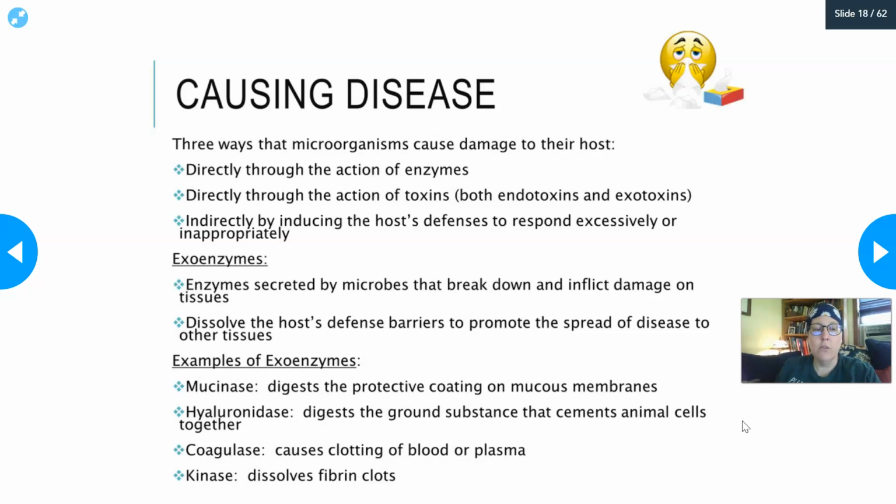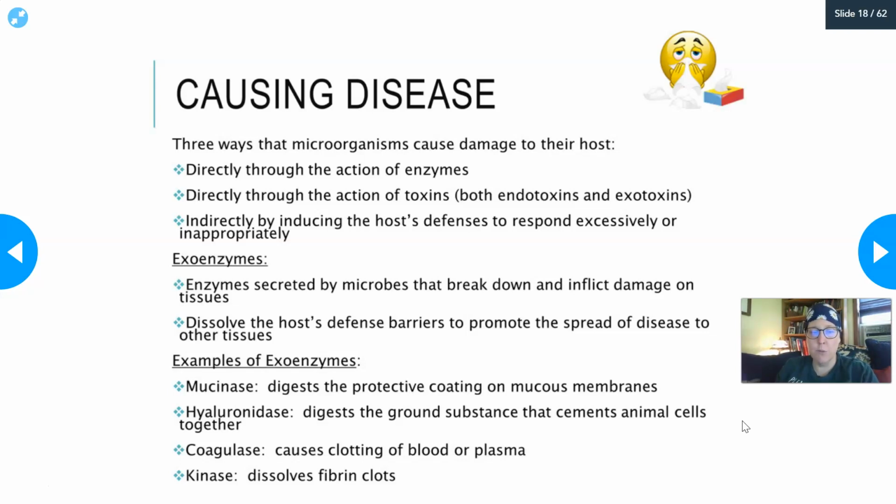All right, so exoenzymes. So those are enzymes that are secreted by microbes, and they can break down and inflict damage on tissues. So enzymes usually can break stuff down, and so they secrete them out into the tissue, and it can dissolve the host defense barriers, and it can promote the spread of disease to other tissue.